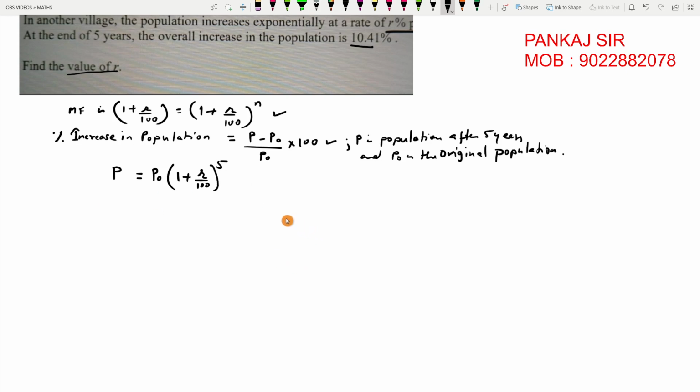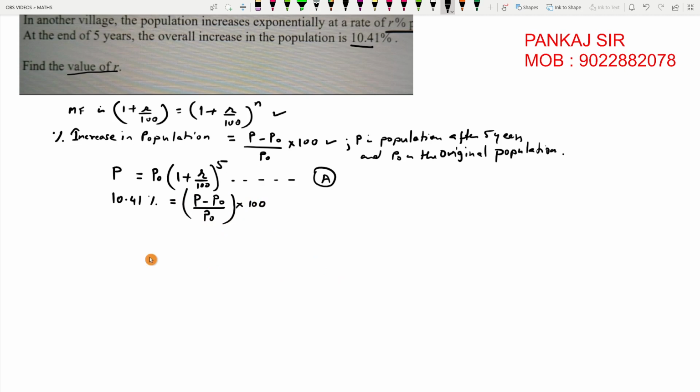Okay, so this is your first formula. Second formula is this, which we'll be using later. Now, using the second formula, I can write increase in population, which is 10.41 percentage, is equal to P minus P naught upon P naught whole times 100.